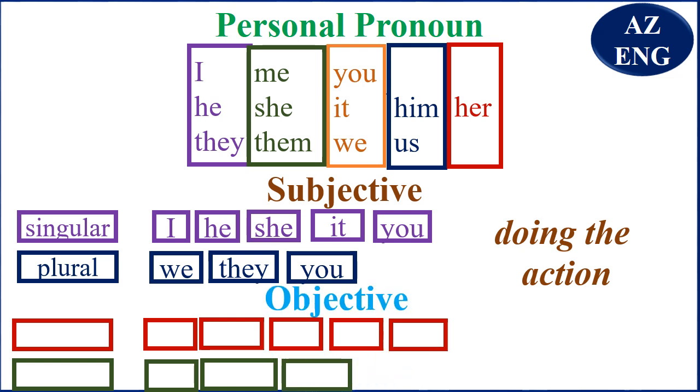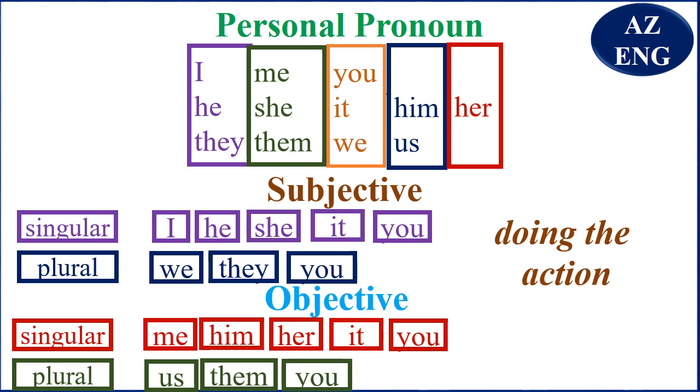The objective, being the object. The singular, we've got me, him, her, it, you. The plural, we've got us, them. We've got you again.